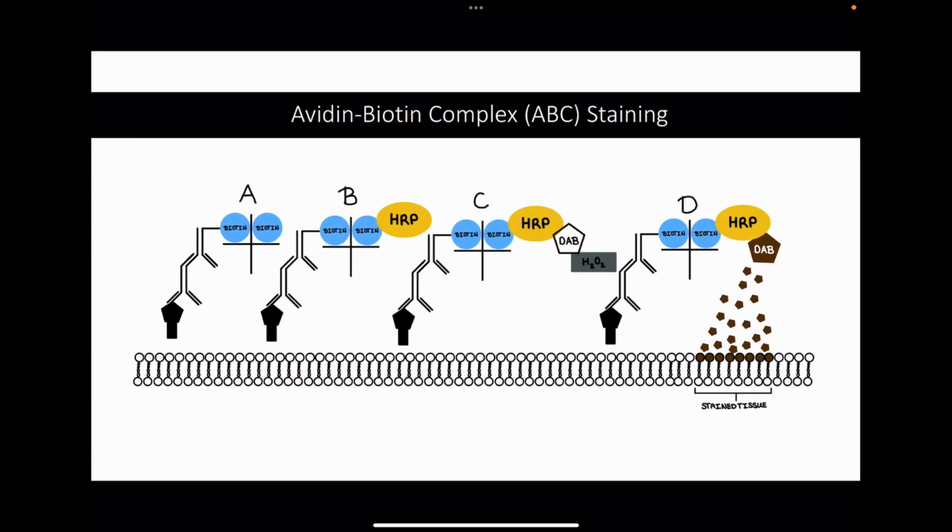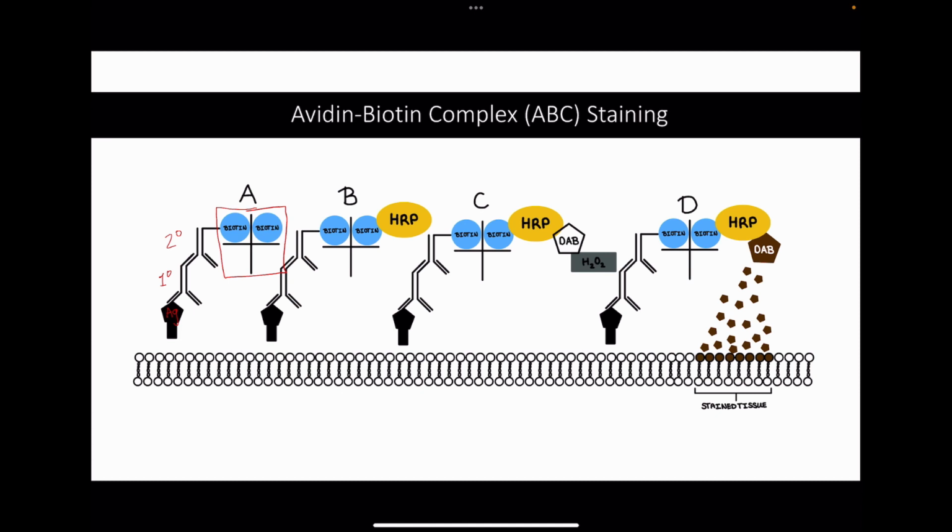The staining reaction is better seen here in this picture. We have our primary antibody, attached to our antigen, and then a secondary antibody, which has this biotin avidin complex and is ready to go.